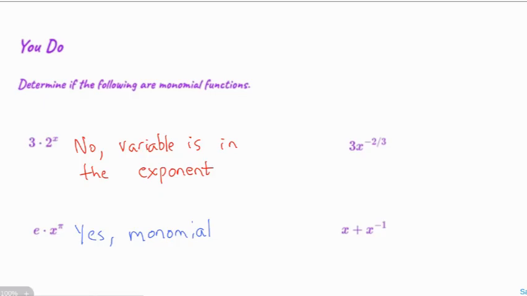Again, e and pi look weird in a polynomial function. Oh, wait, sorry, no, not a polynomial function. I was still stuck in my mindset of power function. So no, this is not. The exponent is not a whole number.